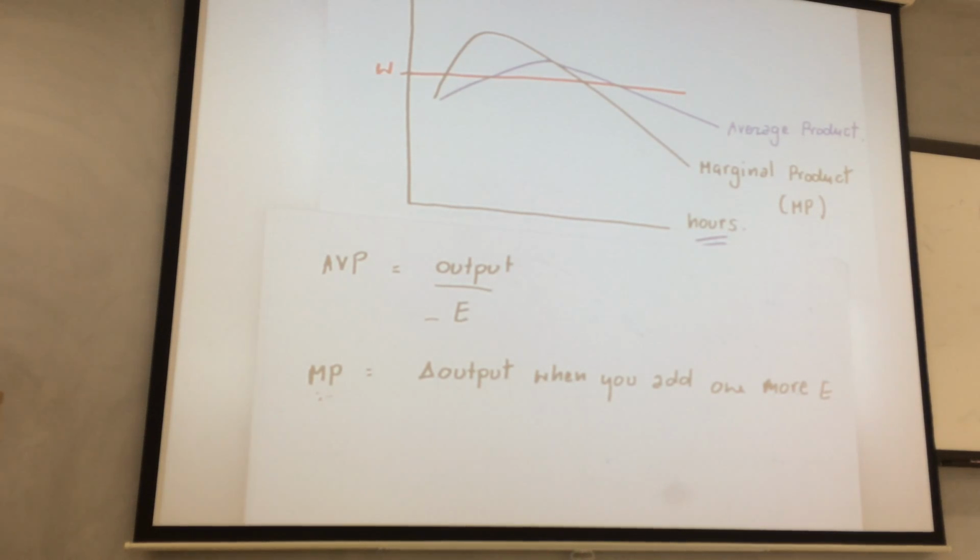How many hours should the firm ask from workers, or how many hours should the firm hire? With W being the hourly wage, okay? So if W is the hourly wage, what do you need to ask yourself? Do you look at the marginal product or do you look at the average product?